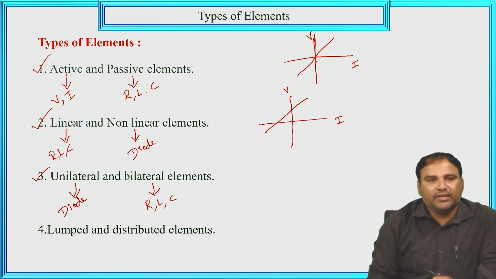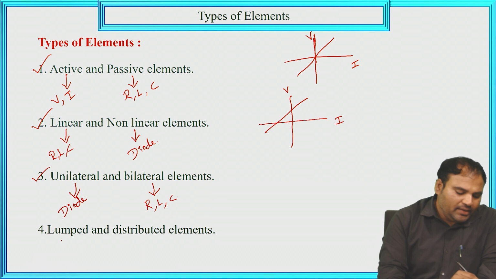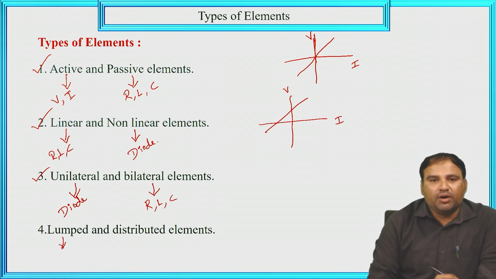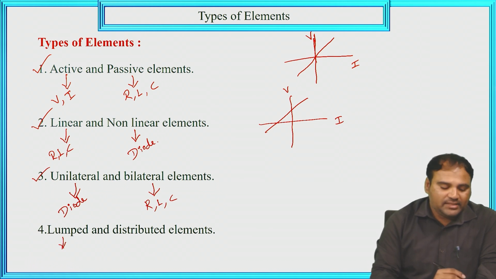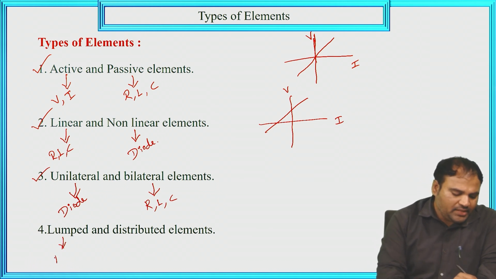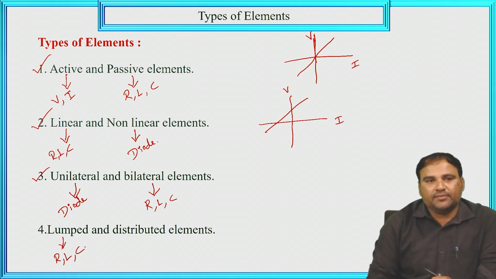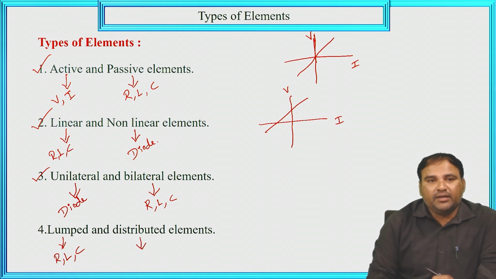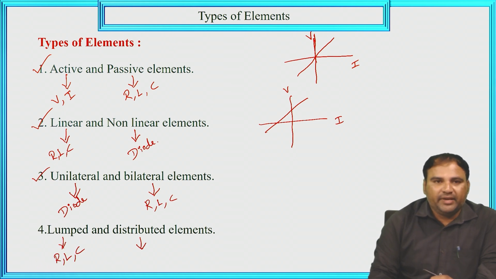And the fourth one is lumped and distributed elements. Lumped elements are those which are very small in size. Examples for these lumped elements are resistor, inductor and capacitor. And distributed elements are those which we cannot separate easily.